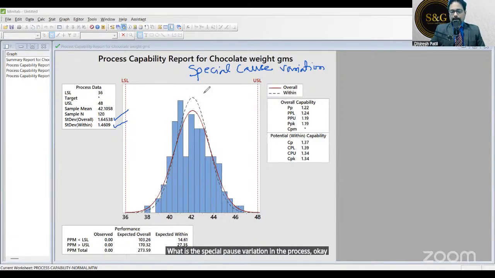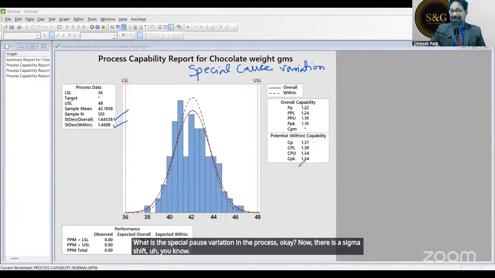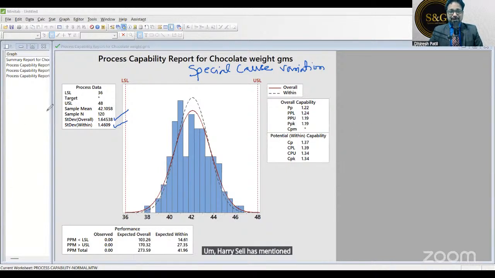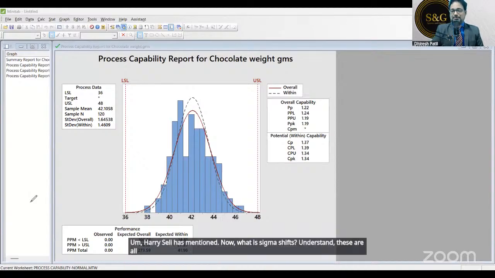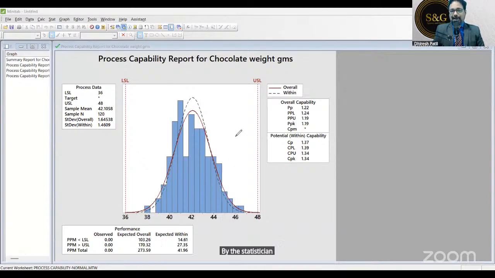Now there is the 1.5 sigma shift. That is also a very good point that Harris Ali has mentioned. Now, what is sigma shift? Understand that these are all concepts by statisticians, just for your understanding.